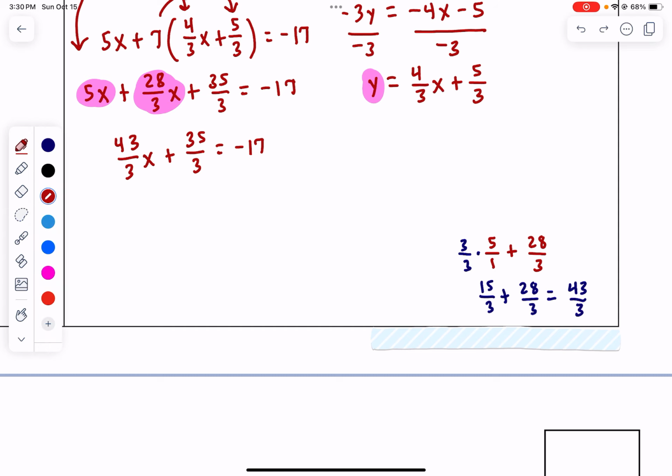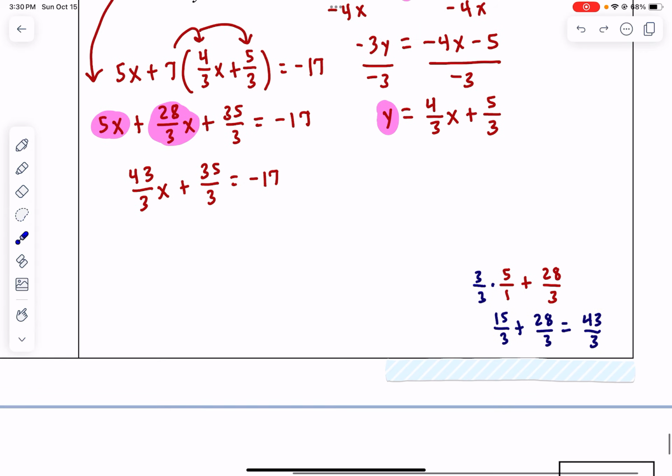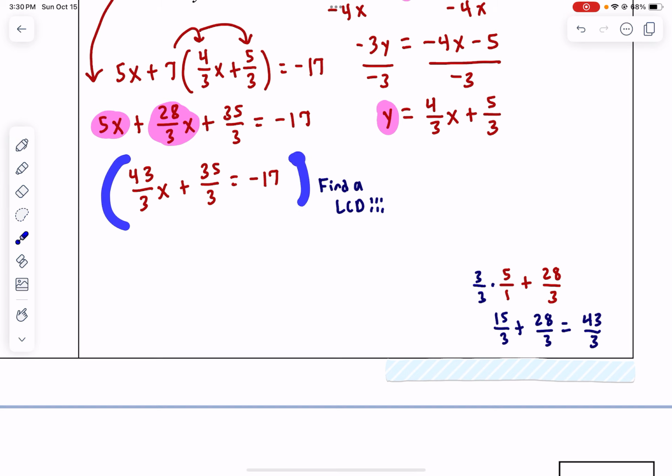One thing that I was thinking of here, instead of working with fractions, we can find an LCD. And we can multiply this whole equation by the LCD to get rid of the fractions. So the LCD here, the least common denominator, would be 3. So you can multiply this whole thing by 3 to get rid of the fractions.